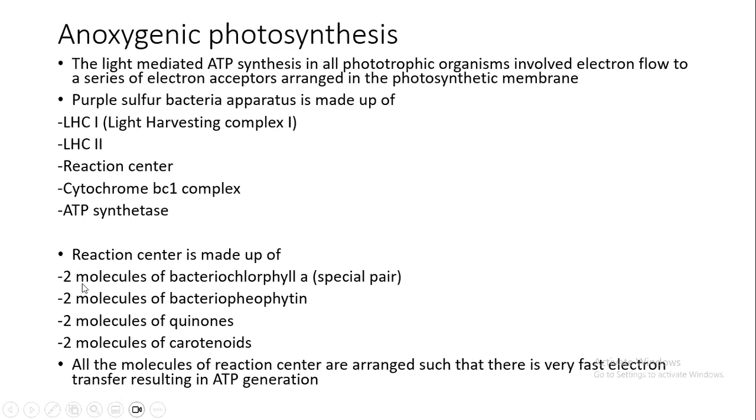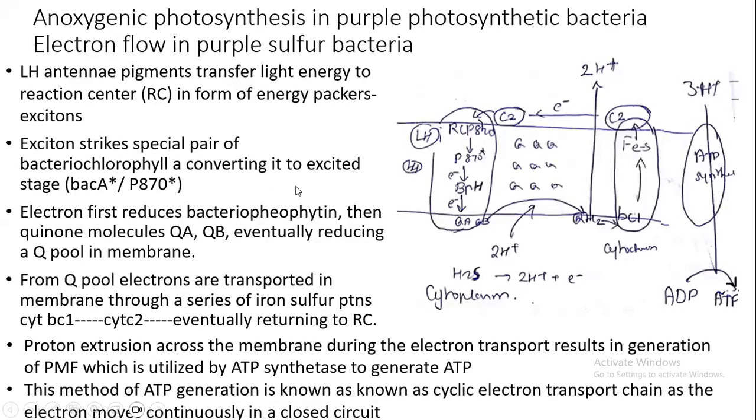The reaction center is made up of two molecules of chlorophyll A, which is a special pair of chlorophyll A molecules, two molecules of bacteriopheophytin, two molecules of quinones, and two molecules of carotenoids, and all these are arranged in such a form that the energy transfer to the reaction center takes place very fast, generating ATP energy.